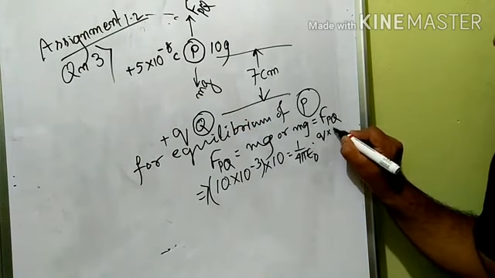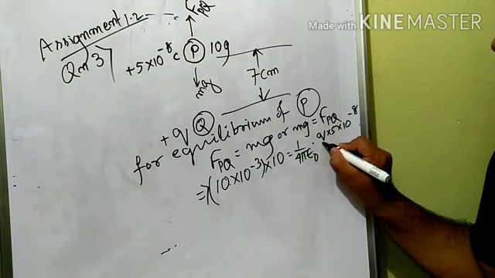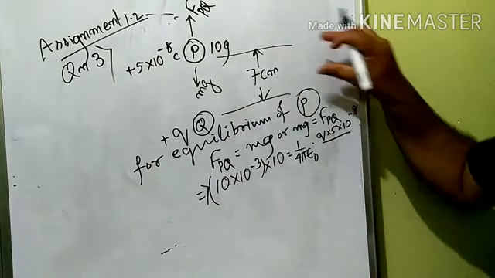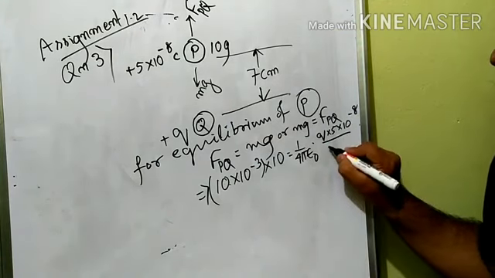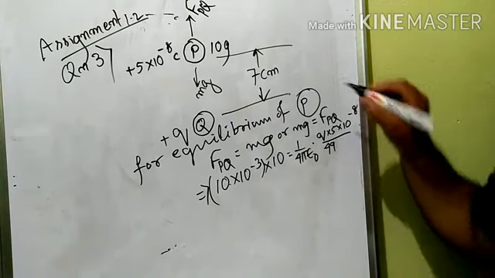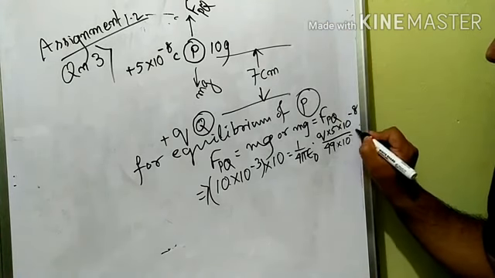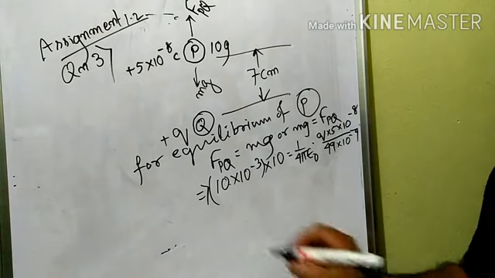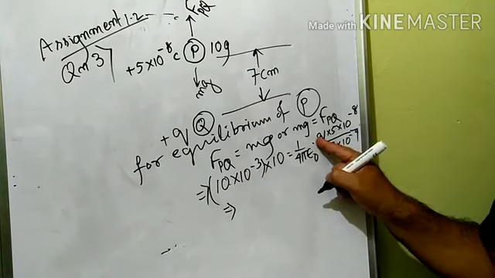How much is that? 5 into 10 to the power minus 8 q1 q2 by r square. Now 7 cm means 7 into 10 to the minus 2 meter. So 7 into 7, 49 r square. I am saying this is r, this is 49 into 10 to the power minus 4 meter. Now implies that in this equation only q is there, right? You find out.